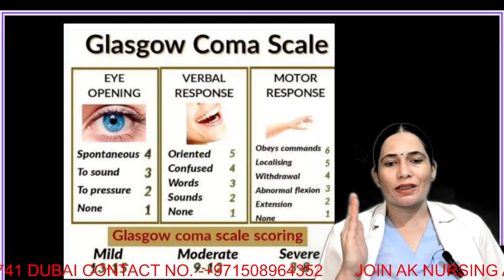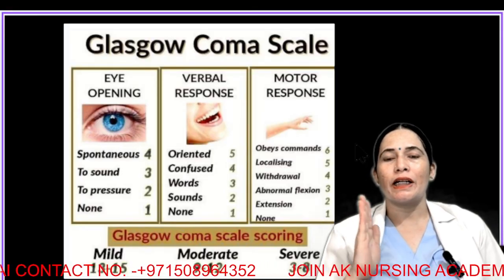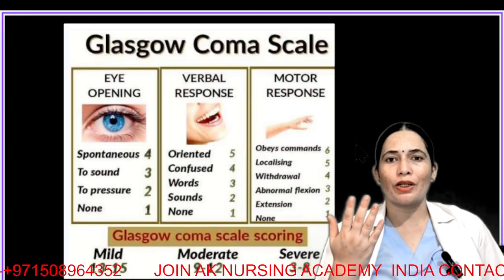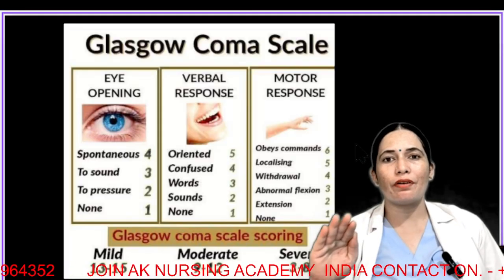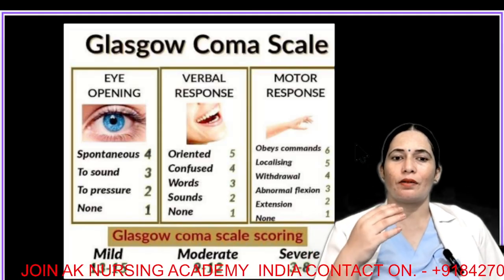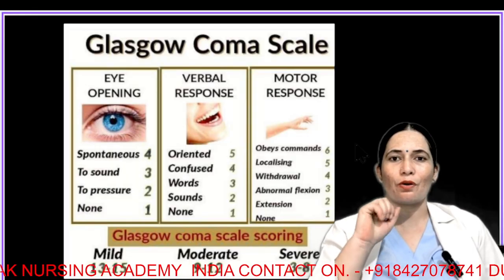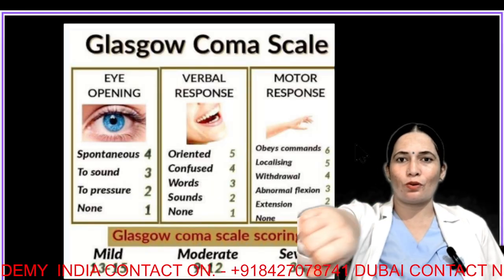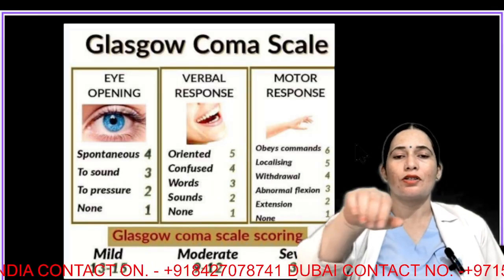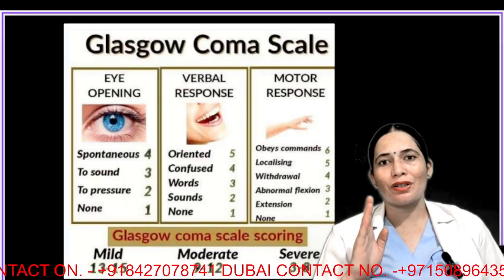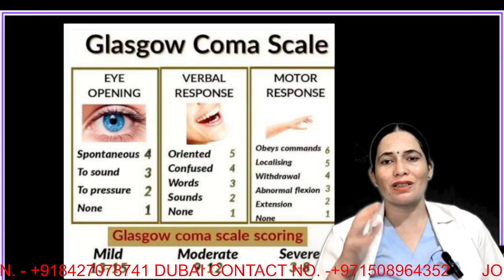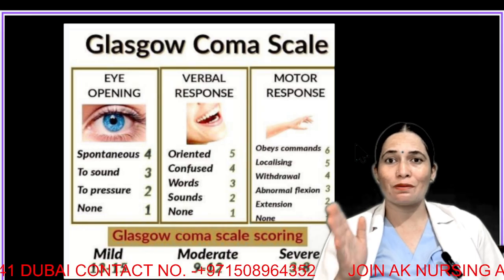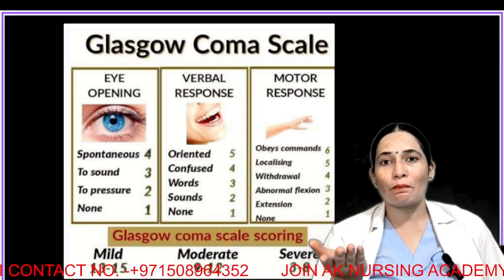The next one is extension. We call it decerebrate. Decerebrate means the patient's body or extremities move away from the axis. The patient is not making a fist. Now he is opening his fist and folding his hand like this and going away from the axis. So we can say the patient has extension, which is the worst position. If the patient is doing this, the patient has a severe problem.